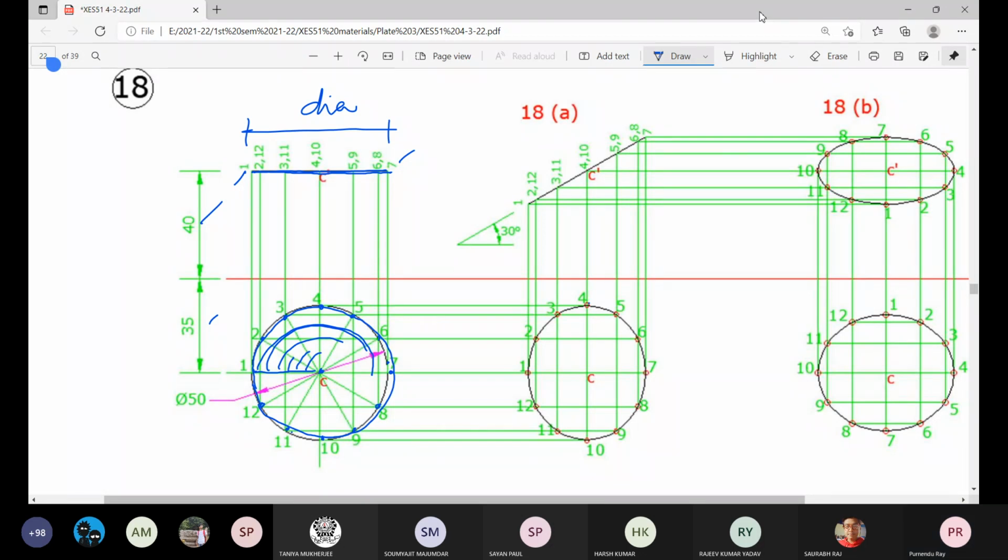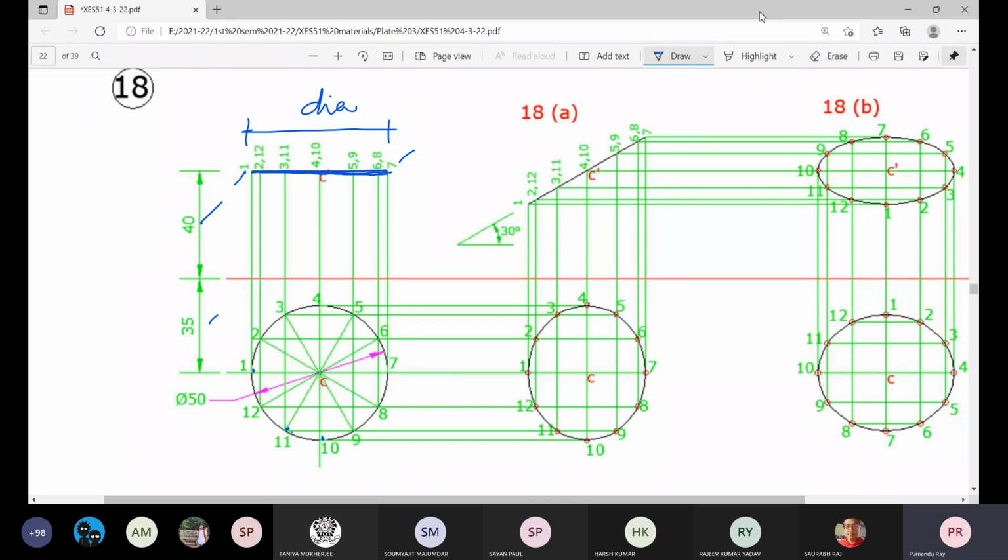Now, once we have these 12 points in plan, what about the corresponding elevation of these points 1, 2, 3, 4, 5, 6, etc. up to 12? The full plate is represented in elevation by this single line. So all these infinite number of points on this circular plate will be located on this single line only.